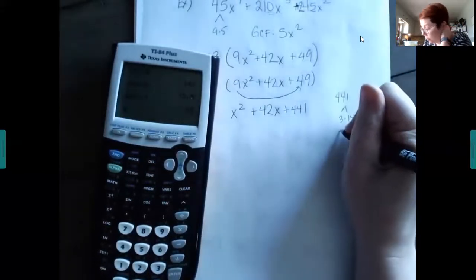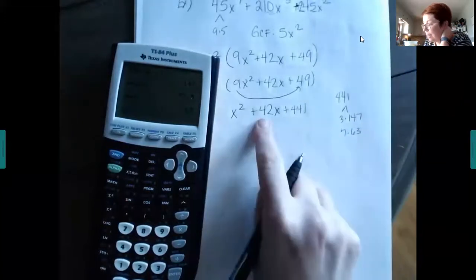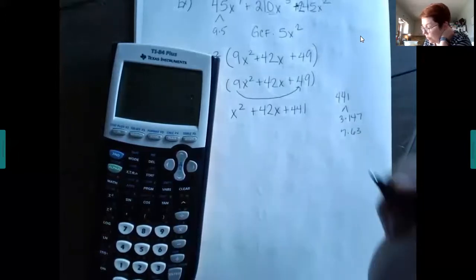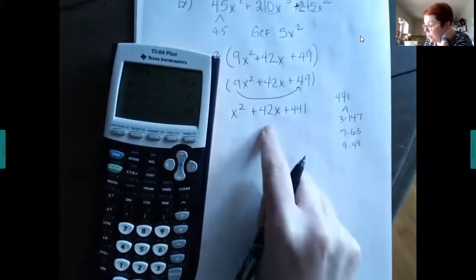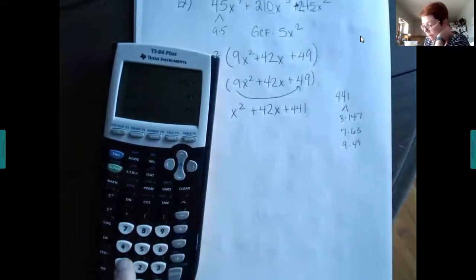Okay, so we got 7, 63. But if I add those, I don't get 42. Getting closer. The 9 times 49 gets us closer to 42, but not quite there. Nope.